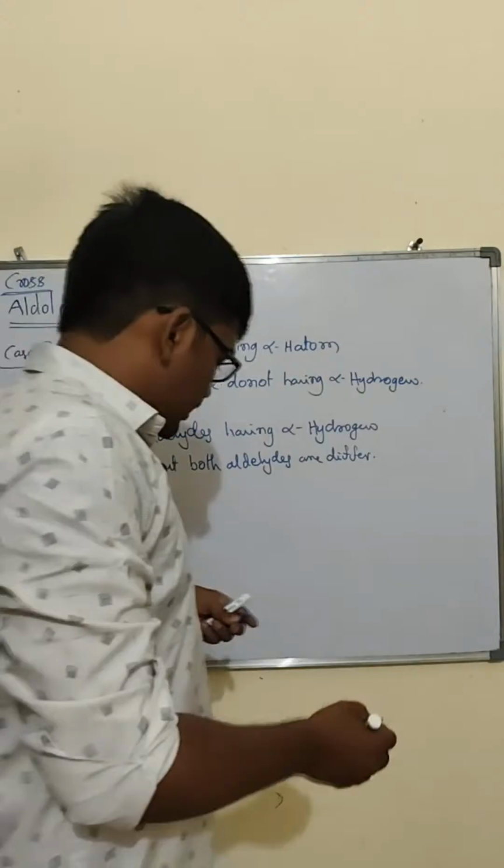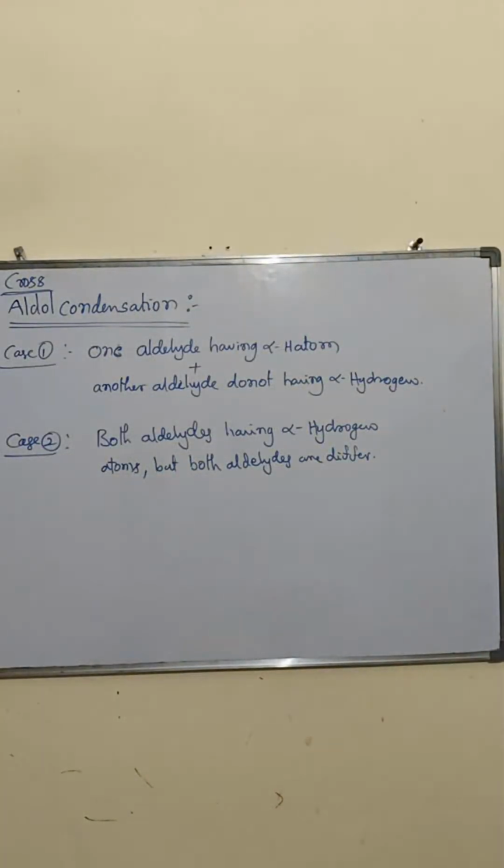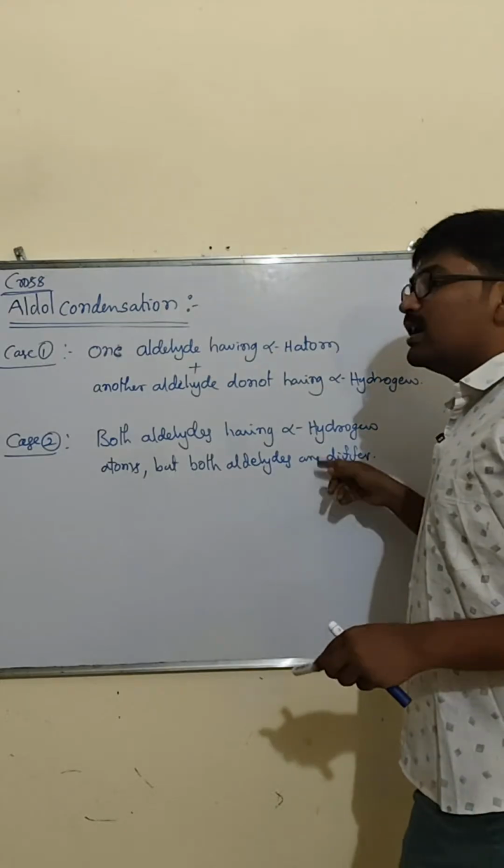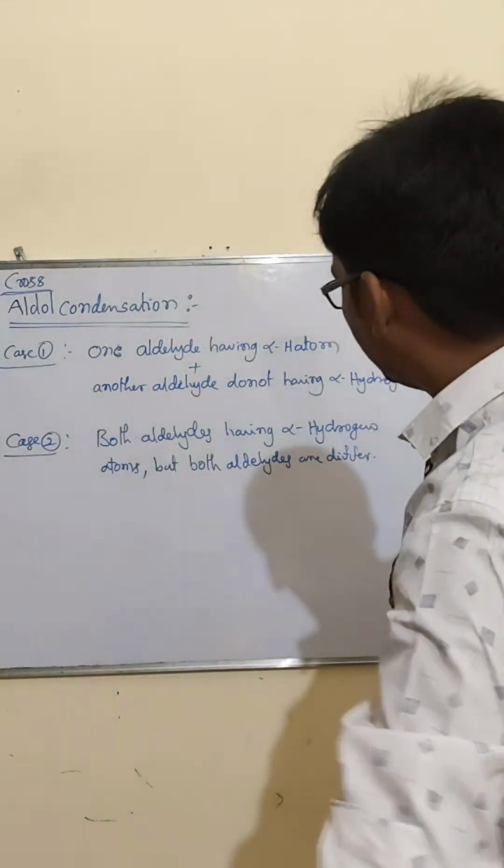See, two cases are there. One aldehyde containing alpha hydrogen atom, the other one not having alpha hydrogen atom. The second case, both aldehydes having alpha hydrogen atoms, but both are different aldehydes.